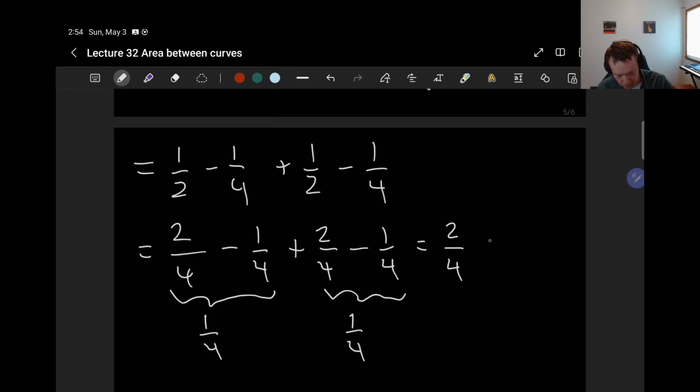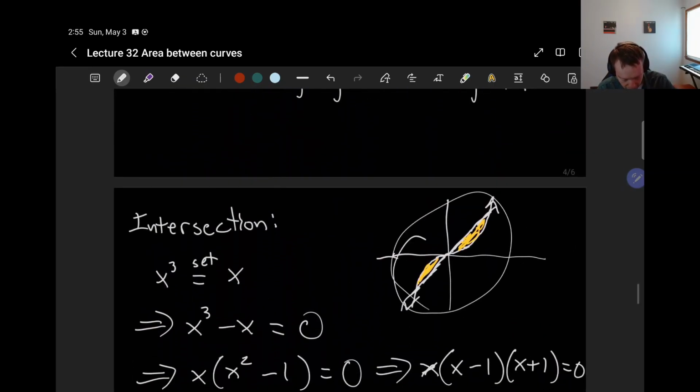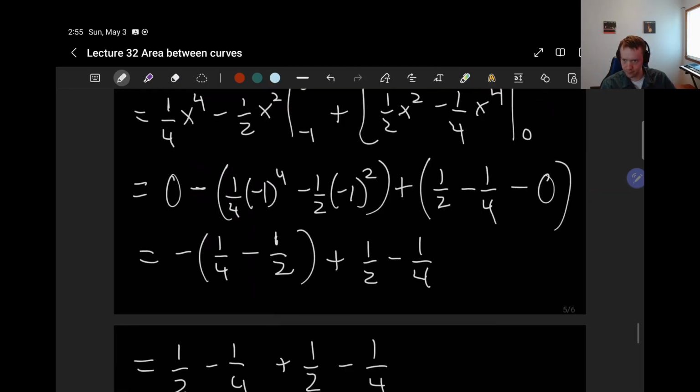So altogether, that is 2/4 or 1/2. So that is the total area between x cubed and x here. Half a square unit will fit in there.